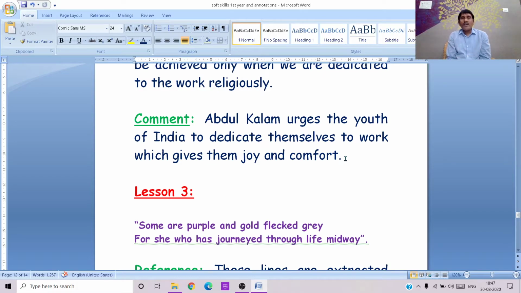Unless they have a mind which focuses on a particular thing for a longer duration, they won't get into a flow state. They should be able to focus on a particular subject or topic for a longer duration, then things will work automatically. So they should dedicate themselves to the work more than anything else. Then only they will achieve great things in their life. That is the advice of Abdul Kalam to the youngsters.